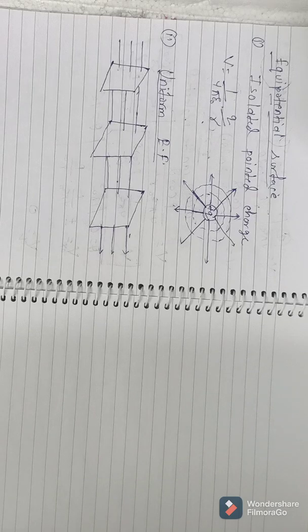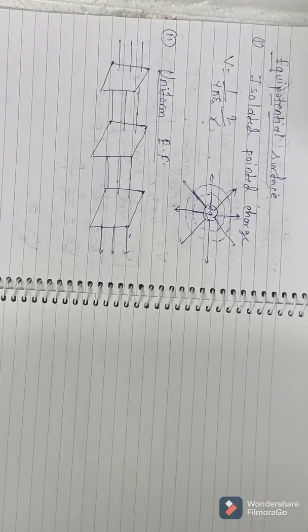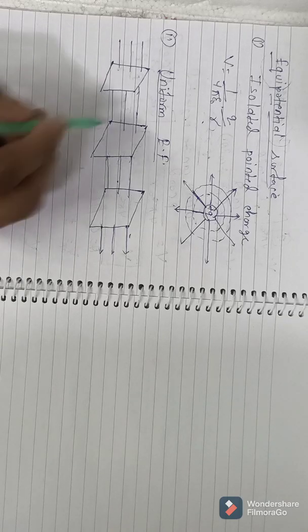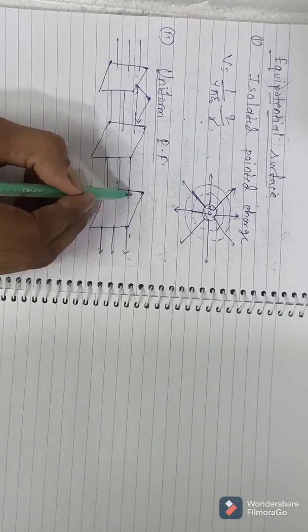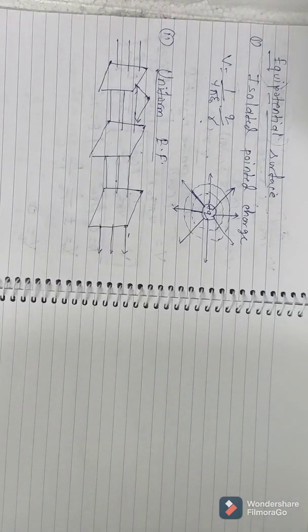Similarly, the potentials V2 and V3 are the same on surfaces 2 and 3, because if the electric field is uniform, the potential will be the same for these two, and then the potential will be the same for these two. Like this we can go on.